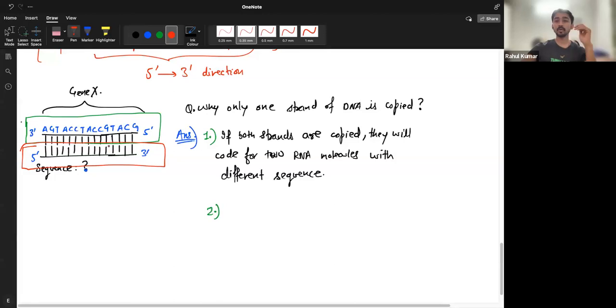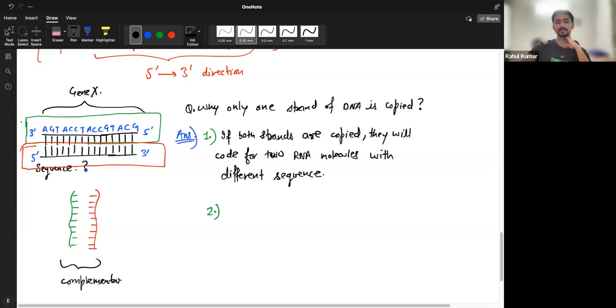And the RNA which will be formed from the red marked strand will be same as the sequence of the green. So at the same time, there will be two single strands, right, produced in the cell from the same segment of gene. And these two single strands will be complementary. This is the problem, right?